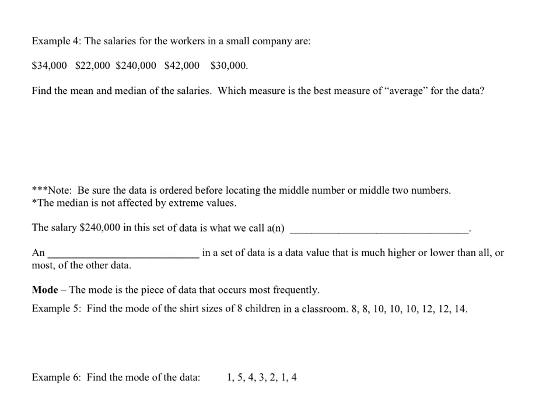All right, for this example 4, you can see we have salaries for the workers in a small company. We've got 34,000, 22,000, 240,000, 42,000, and 30,000. So we are asked to find both the mean and the median of these salaries.